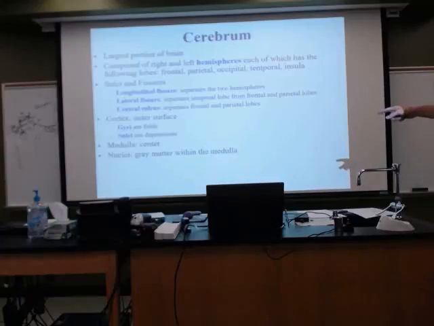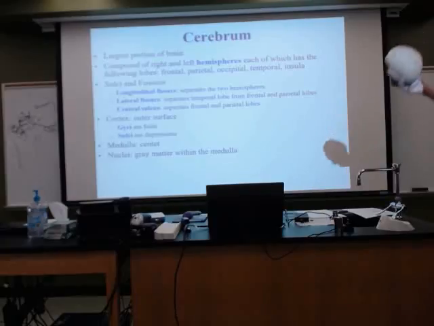There is a medulla. Anytime you hear the term medulla, try to let the idea of center come to mind, the middle, okay? Nuclei are present in the cerebrum, like I tried to represent over there, okay?